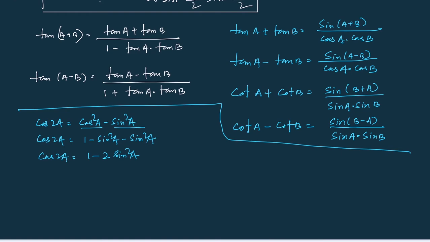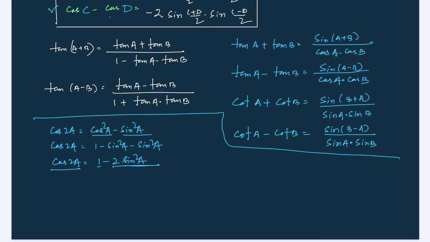I will subtract 1 from both sides, so minus 1 plus cos 2a is equal to minus 1 plus 1 minus 2 sin square a.